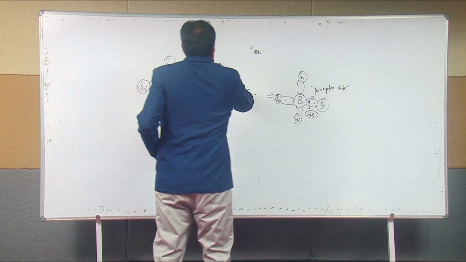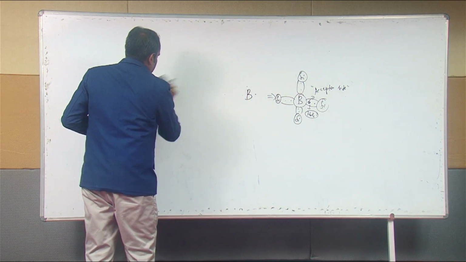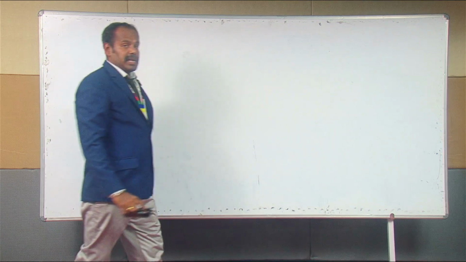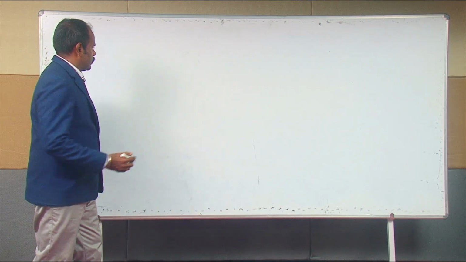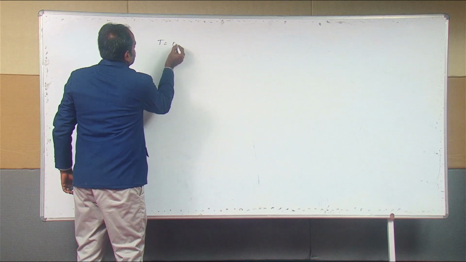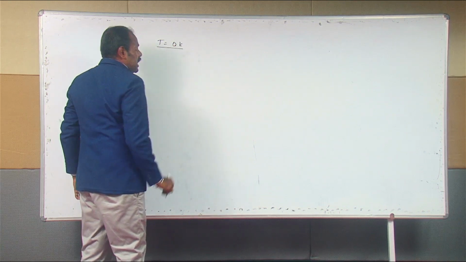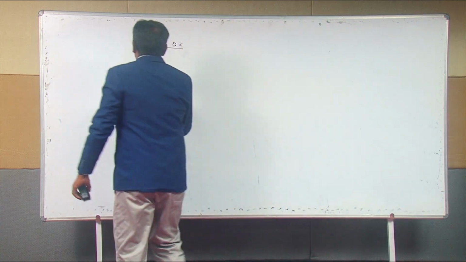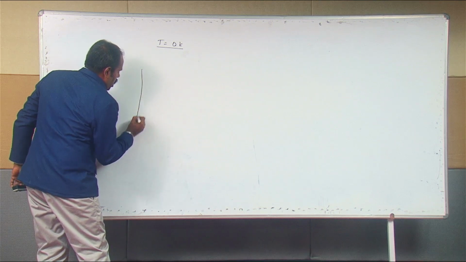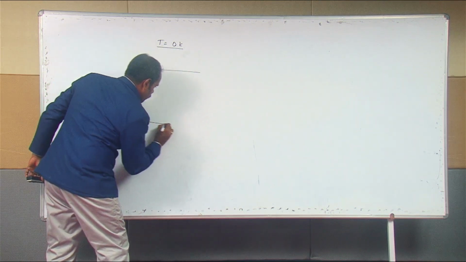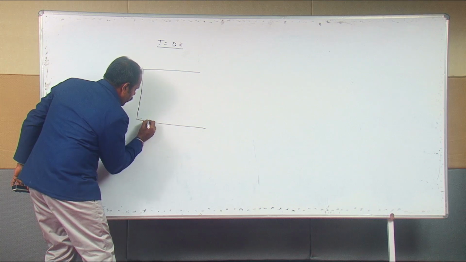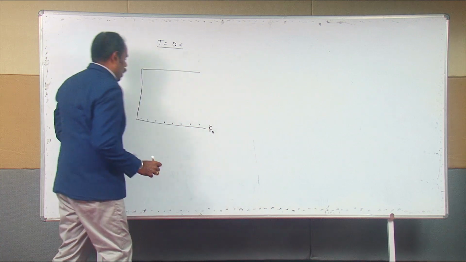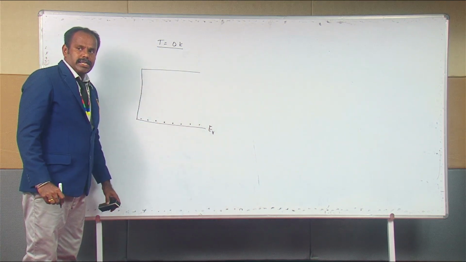Right. Now let's see how the energy level diagram will look, first at T equal to 0 Kelvin and later at T greater than 0 Kelvin. So first let's start discussing at T equal to 0 Kelvin. As we have been mentioning, a simple p-type semiconductor will have the presence of valence electrons in the valence band, which are involved in the covalent bond formation, right?